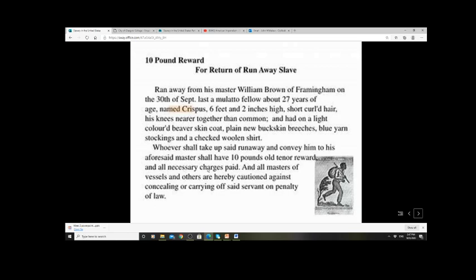He's the first person who is shot, and therefore it could be argued that he is the first victim or martyr of the American Revolution. But he gets slightly less attention than John Adams and George Washington and Benjamin Franklin and so on and so forth. So these runaway slave notices can be traced back even to the pre-United States period and are useful.